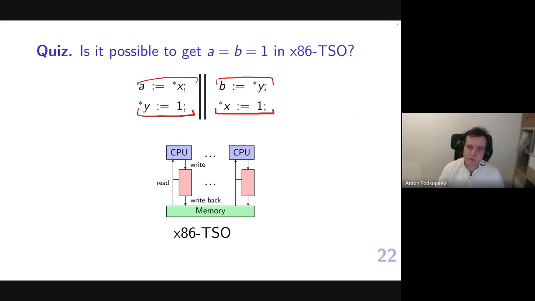So the question is, is it possible to get A equal to B equal to 1 at the end of execution of this program in x86? If someone already has an answer, then please turn on mic and answer. If not, we could wait a minute or go further.